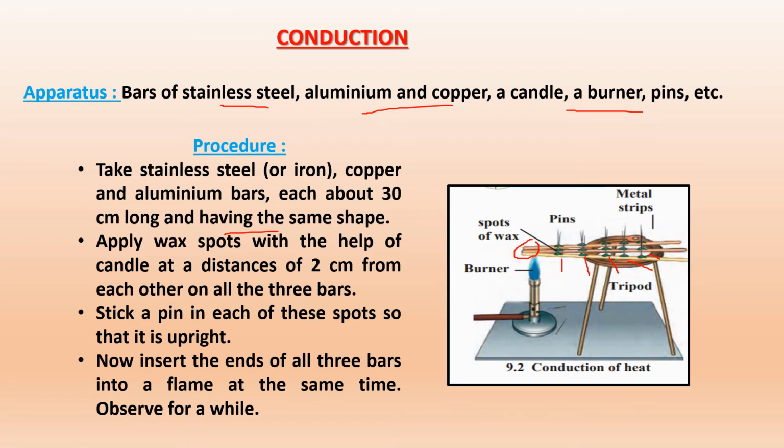Stick a pin in each of the spots so that it is upright. Now these are the pins stuck upright on the wax spots. The wax spots are put because they will secure the pin in an upright position.